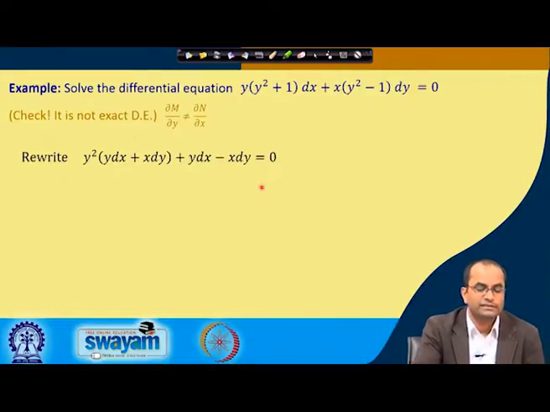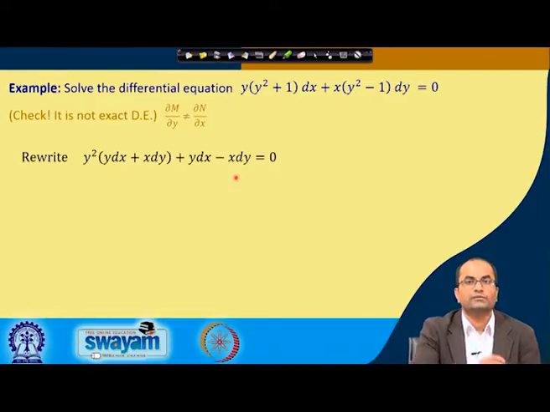Rewriting the equation first in this form, taking y² common from these two terms, we get y dx + x dy, and then plus y dx minus x dy, that is equal to 0.